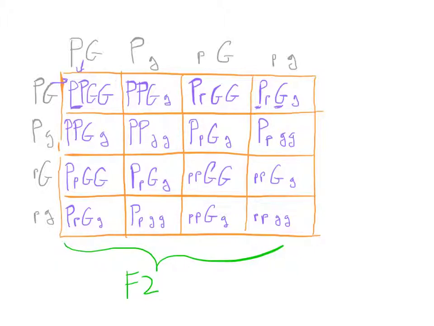Okay, the genotypes are all listed in the chart. What about the phenotypes? We're going to list the phenotypic ratios right here. First, I'm going to go through the chart and find out which ones have purple flowers. That one does, that one does, that one, that one, and that one.